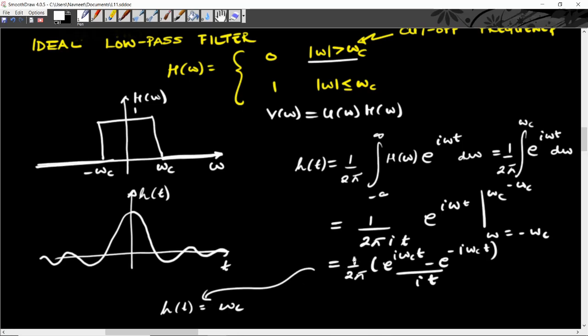so by multiplying and dividing by omega c, we'll get omega c by pi times sine of omega c t over omega c times t. And note that this is the sinc function in time domain, not in the frequency domain.